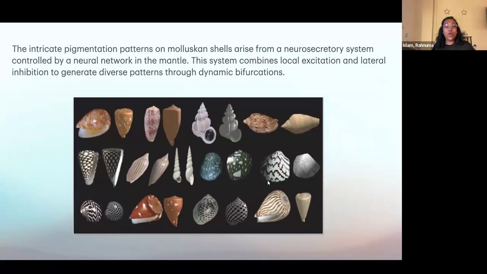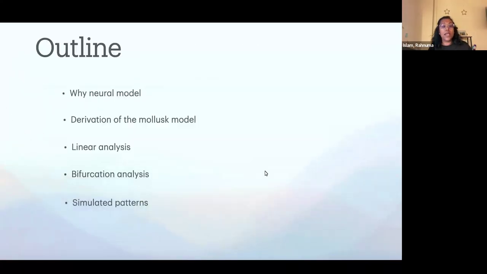We are going to show that we built a local excitation and lateral inhibition neural model that generates some of those diverse patterns through dynamic bifurcation. The presentation is: first, I will talk about why we are taking this approach of a neural model.